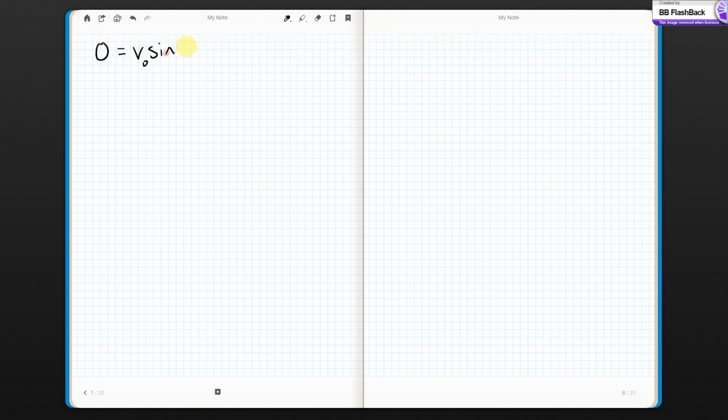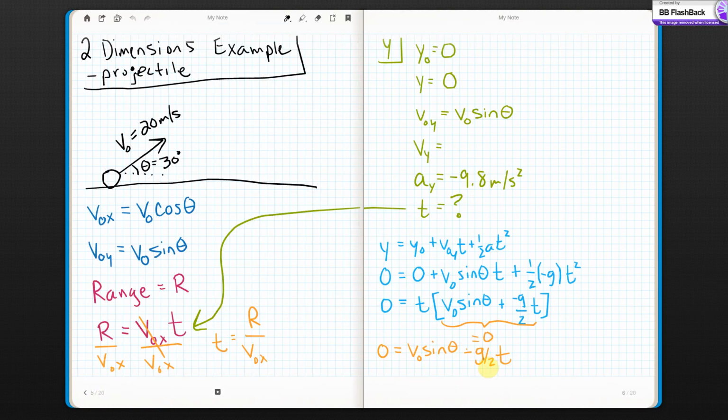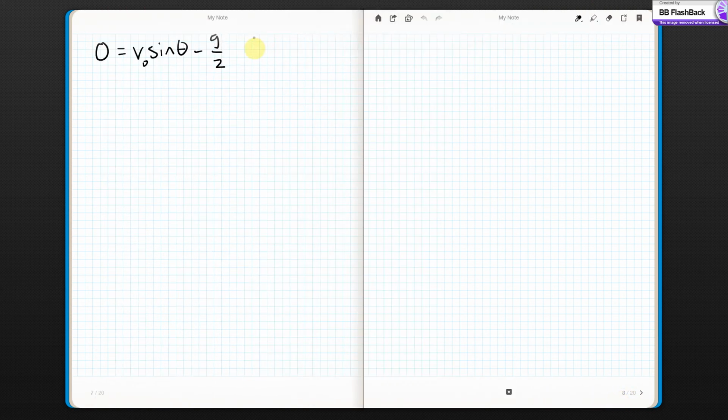Going to rewrite it, minus g over 2 times t, where t is r over v naught x instead. Like that. And now I'm going to solve for r.